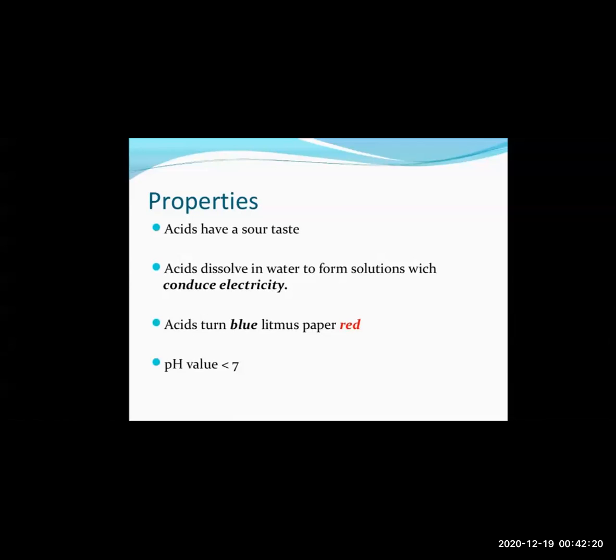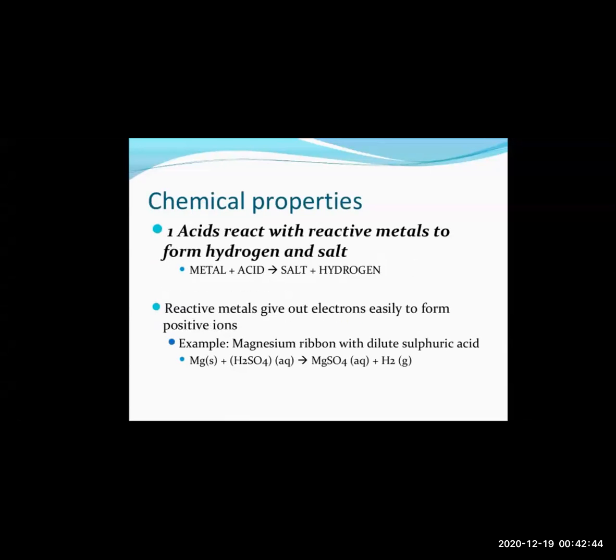The third point is that in acid the blue litmus paper turns red. And the fourth point is that the pH value is less than 7. These are the properties of acids. Students, you are supposed to know the properties and uses of acids.